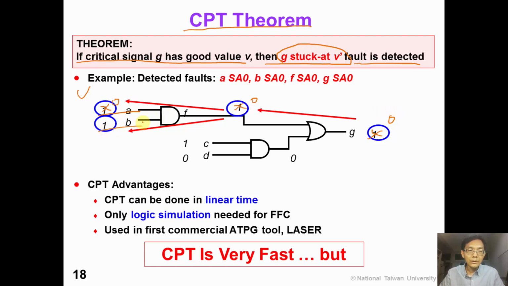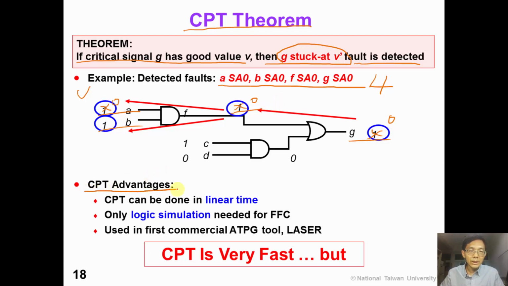Similarly, B stuck at 0, F stuck at 0, and G stuck at 0 are detected. So this test pattern detects 4 stuck-at faults. We can easily determine the number of detected faults by this test pattern.